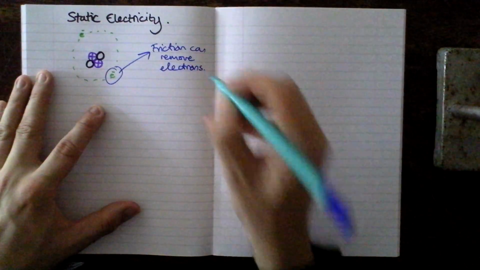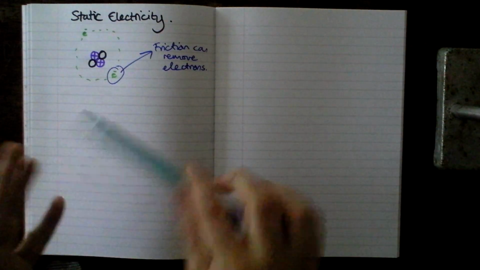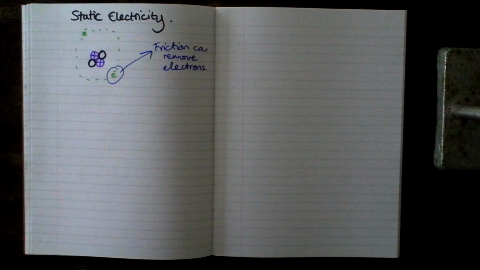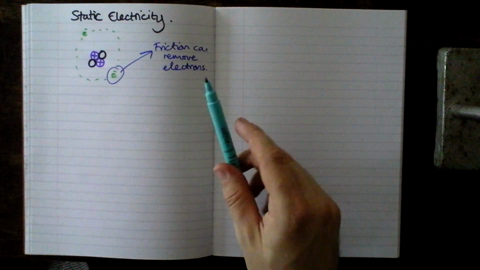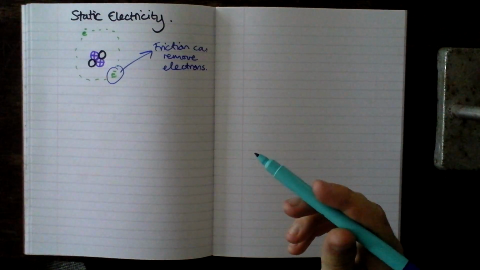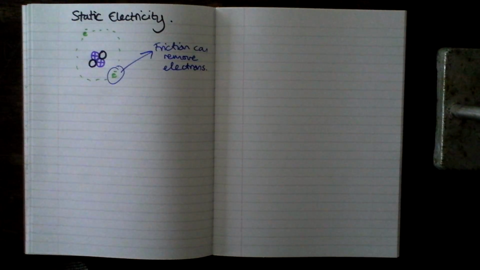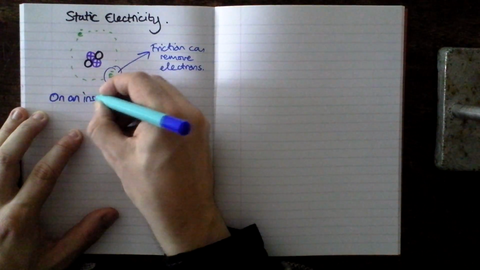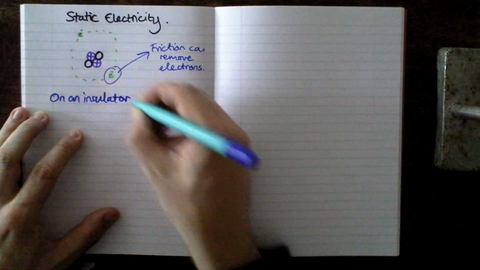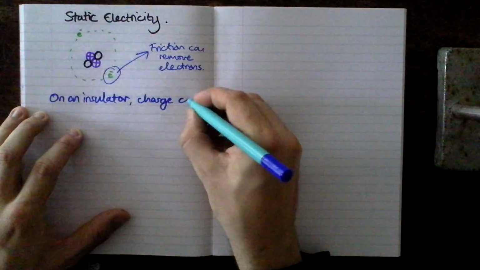And that means if you rip away electrons, you leave behind ions, which overall have a positive charge. And if you're stealing electrons and putting them somewhere else, then you must be creating an area of negative charge. So you've managed to move around some of these electrons to create areas of positive or negative charge. Now, on an insulator, something that doesn't conduct electricity, charge can't escape.